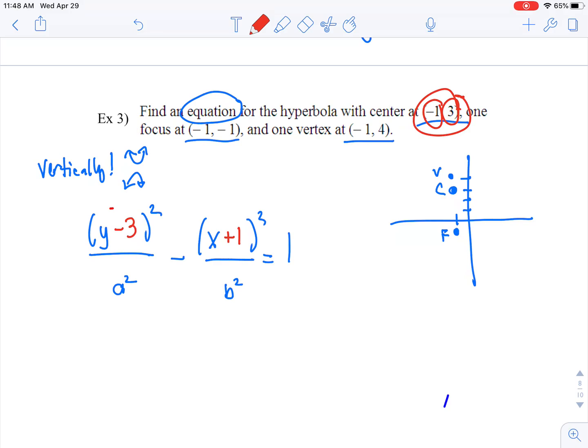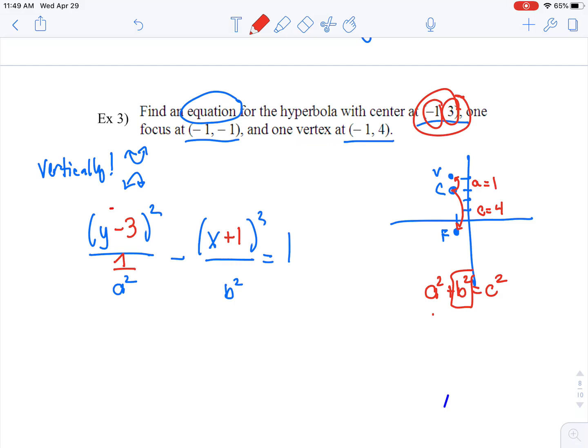As for my a's and b's and c's, I was given information to find my a value. Remember, from the center to the vertex, that's my a value, so my a value is 1, which means that my a squared value is 1. Now, the other thing that we were given was the distance from the center to the focus. That's your c value, which I know is 4. I don't have the b value right now, but using the equation a squared plus b squared equals c squared, I can actually solve for that b squared.